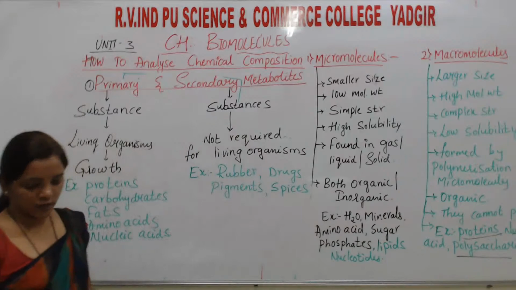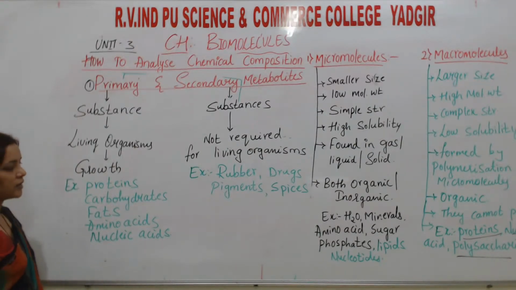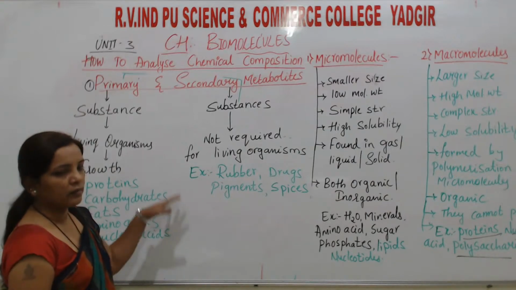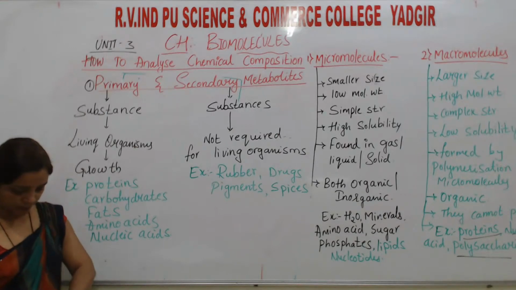Spices are some of the examples. Okay. Next class we have one tabular column that we will see in the next class.